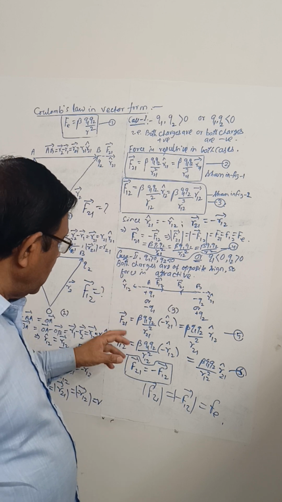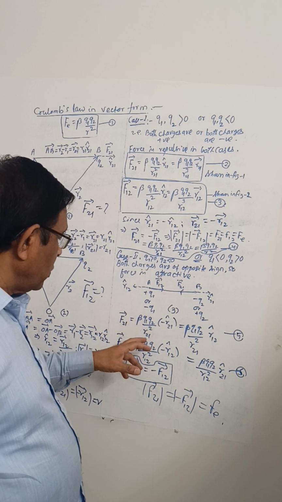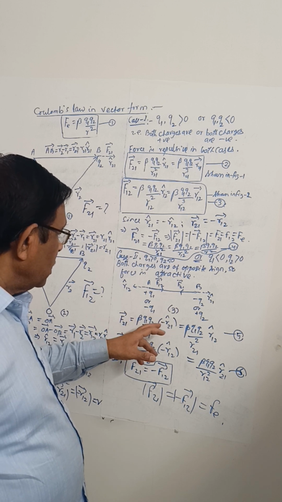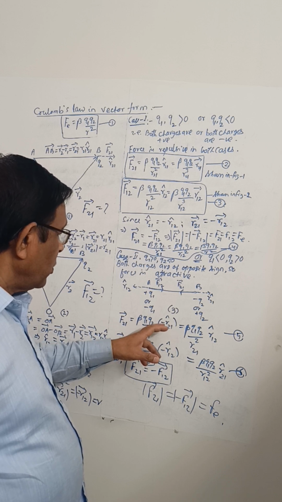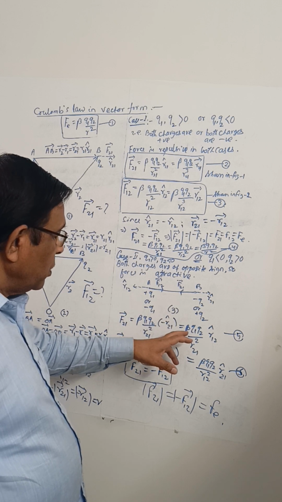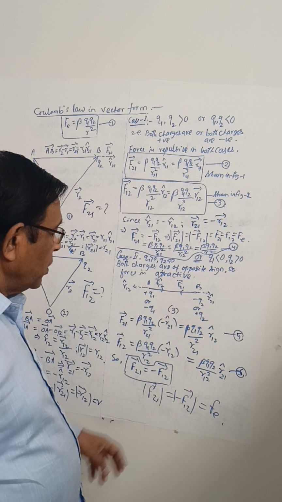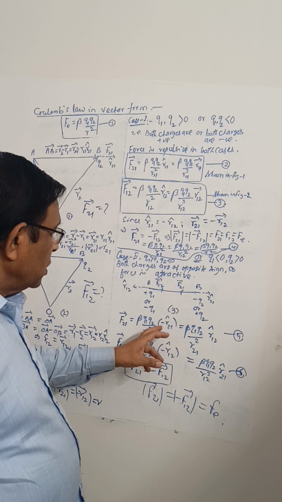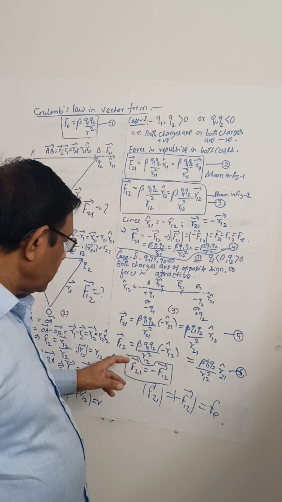So these are represented by the equations f21 vector is equal to beta times q1 q2 by r21 square, and this is directly opposite to r21 cap, so it is given by minus r21 cap, which is same as beta times q1 q2 by r21 square times r12 cap, because r12 cap is negative of r21 cap.